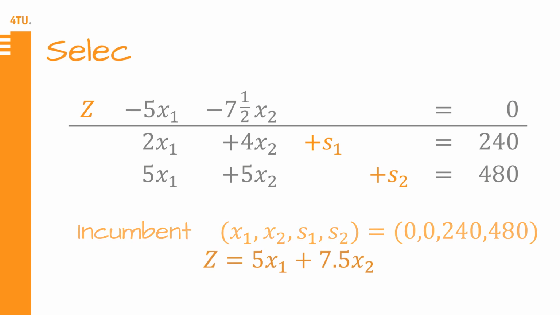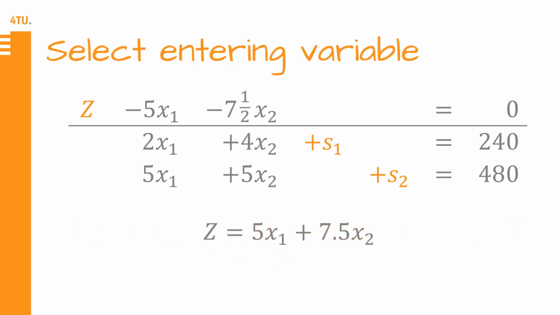Because the incumbent is not optimal, we have to select the non-basic variable with the highest rate of improvement. The two non-basic variables that we can choose from are x1 and x2. Looking at our objective function, we see that x2 has the highest rate of improvement. So, the entering basic variable is x2.